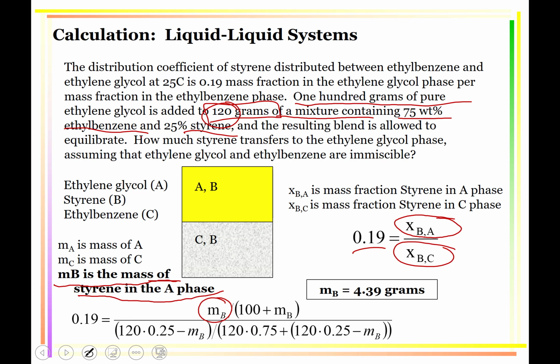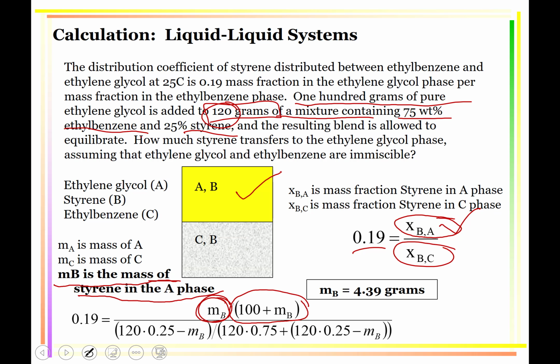Okay, so this is the mass fraction of B in the A phase. This is the mass of B in the A phase divided by the total mass of the phase. So we know that we had 100 grams of the ethylene glycol going in. So the total amount in this phase is going to be 100 grams of ethylene glycol plus whatever B goes into that phase.